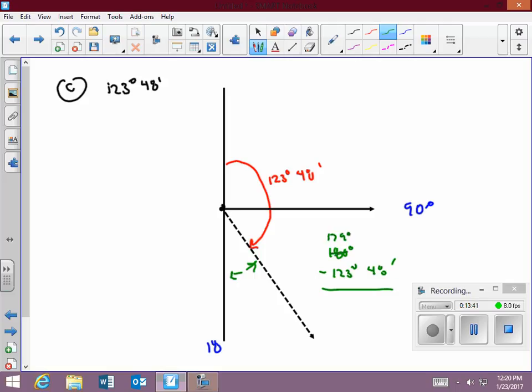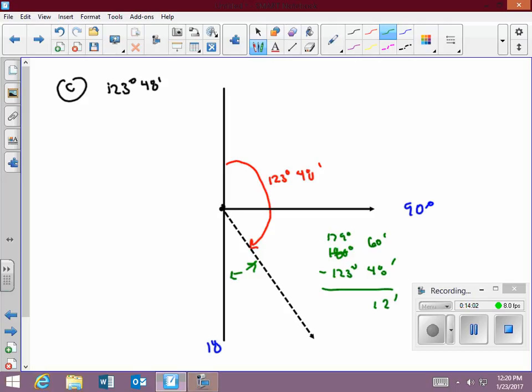I borrow 1 degree, which is 60 minutes. Remember, you got to remember to do that. And if you borrow a minute, you got to remember it's 60 seconds. So 1 degree always equals 60 minutes, and 1 minute's always 60 seconds.